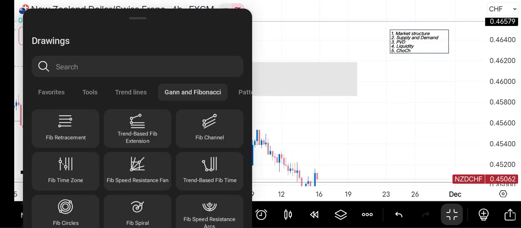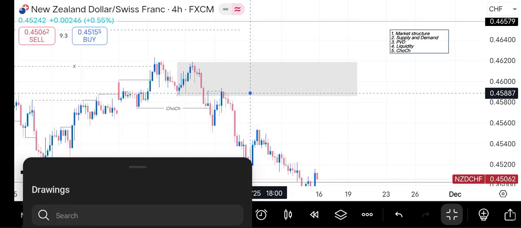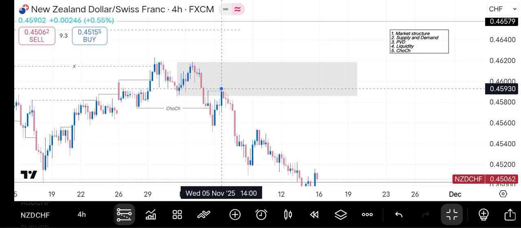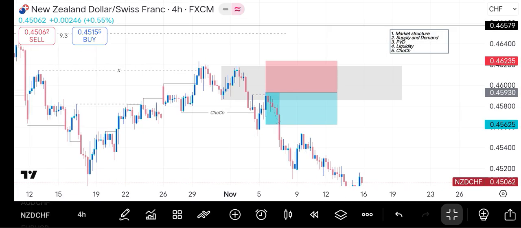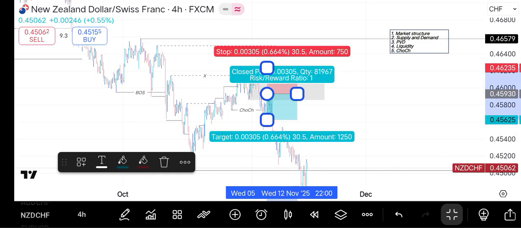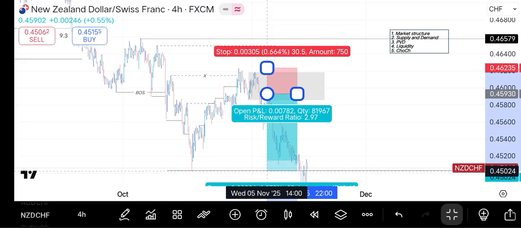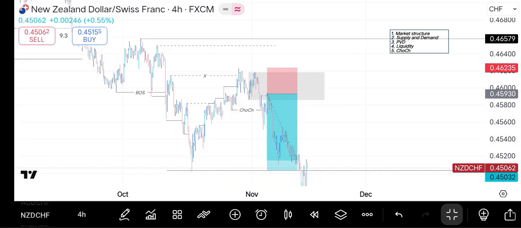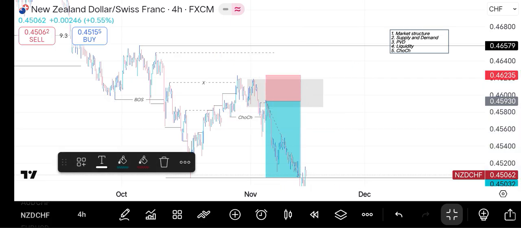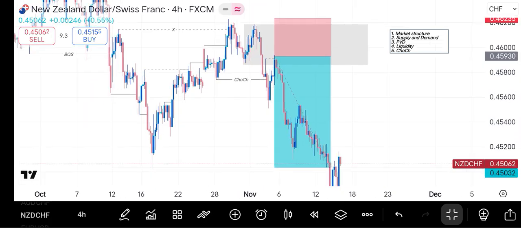And then the market came back up to take out that high. That is where I got in for my sniper entry, selling to the downside all the way to my TP, guys. This was a nice entry, beautiful analysis. Strategy is simple, guys.